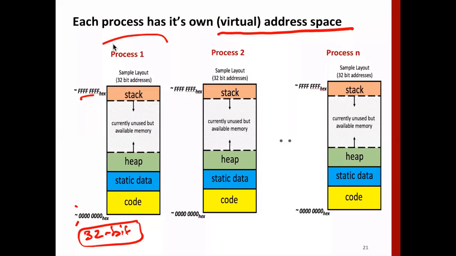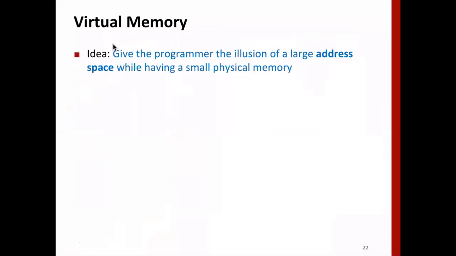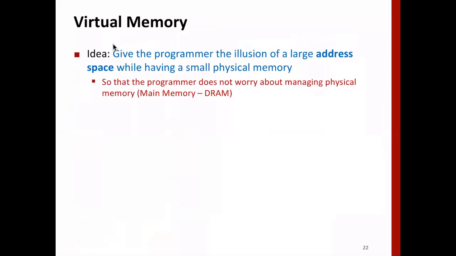Each process has this view, and all this data must go into main memory. A number of processes run concurrently, which means that physical memory, or main memory, is to be shared by a number of processes. That thing we call virtual memory. How we do it is essentially what defines virtual memory.